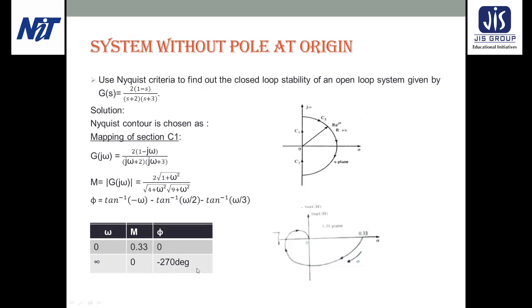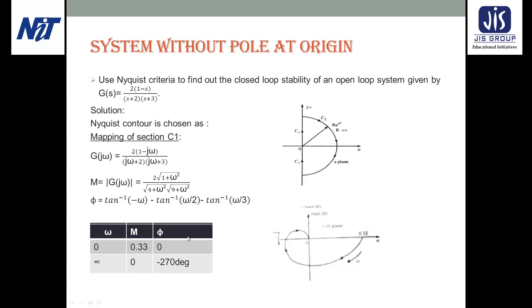So next we will draw the polar plot of the section C1. This is the real axis and this is the imaginary axis, and we will consider the clockwise direction, and in the clockwise direction this angle is minus 90 over here, minus 180 here and minus 270 over here.